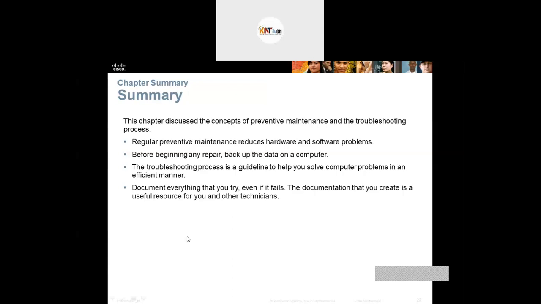Even if it fails, the documentation that you create is a useful resource for you and other technicians. So we have ended chapter 4 today.